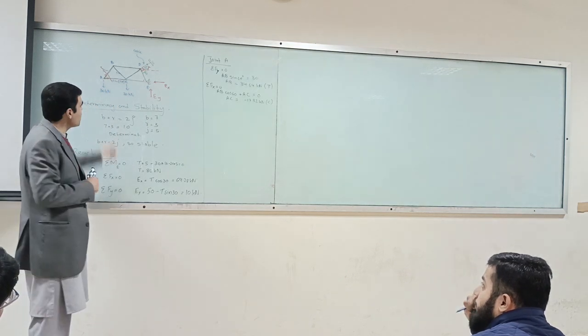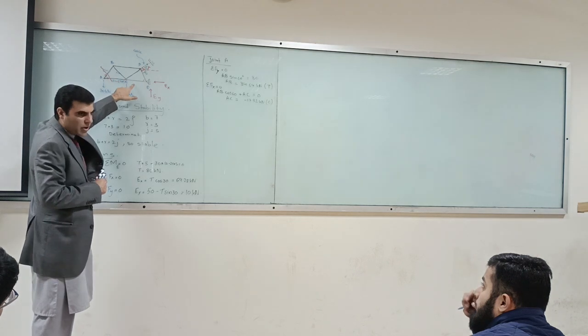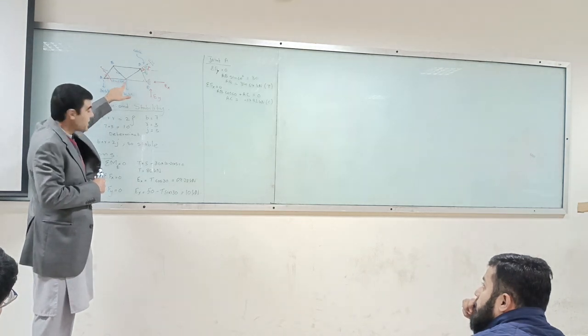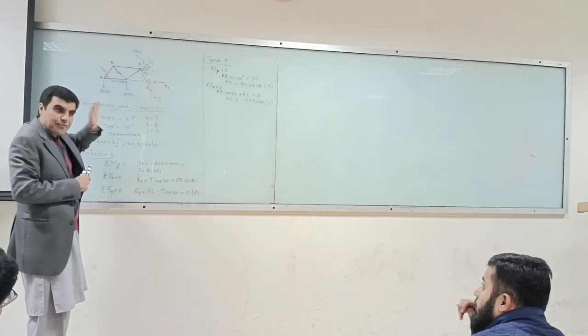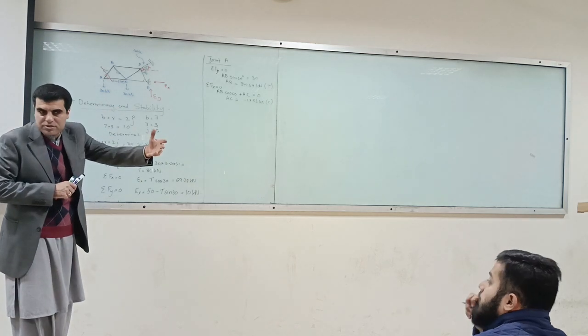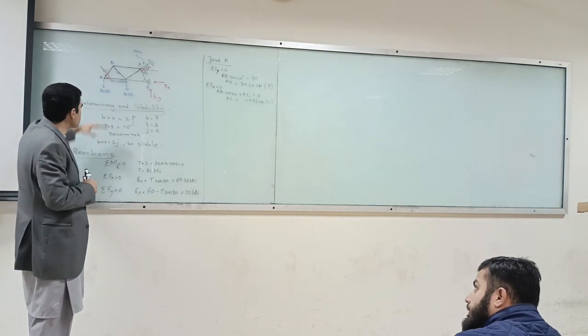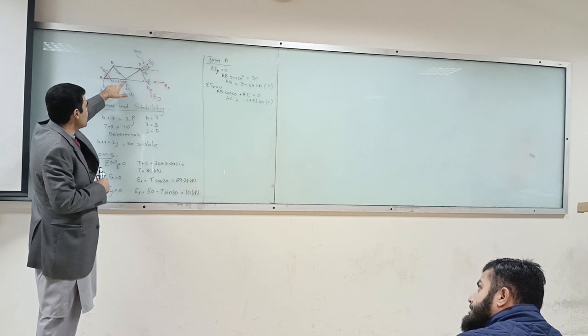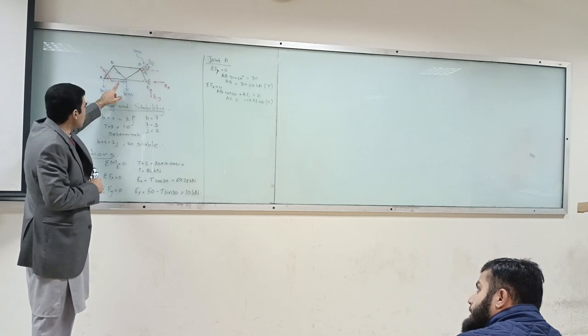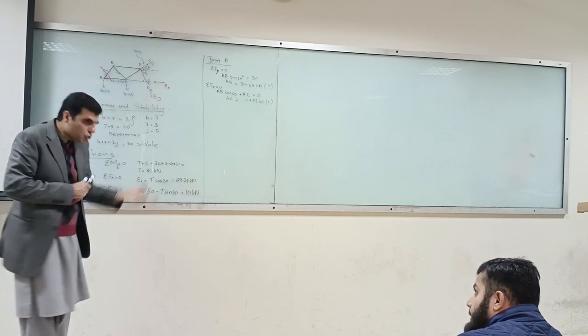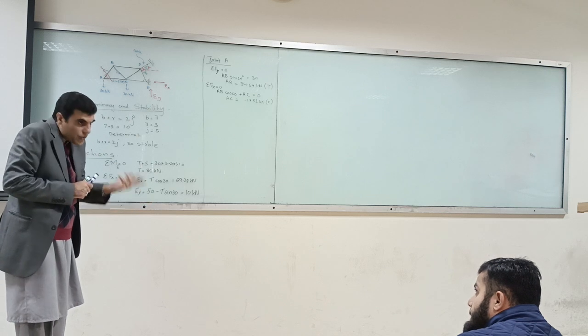Why? Because how many unknowns would you have? 1, 2, 3, 4. 4 unknowns at joint C. If we had started straight away from the first step, from joint C, we would have had 4 unknowns and two available equations. So we wouldn't have solved it.